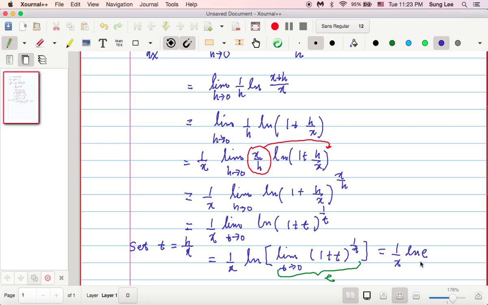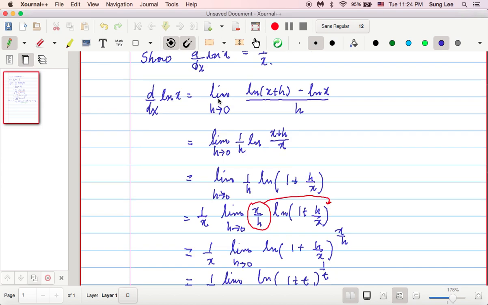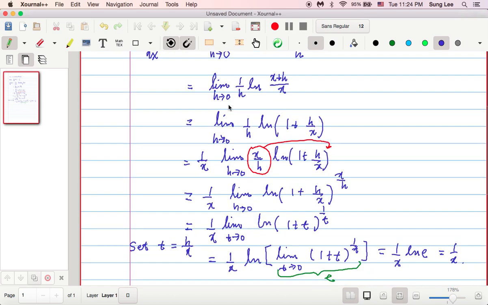So at the end, we have 1 over x. So this completes the proof, right? We just showed, or derived, this formula here: the derivative of ln of x equals 1 over x. Okay. All right. So let's get back to my lecture slide.